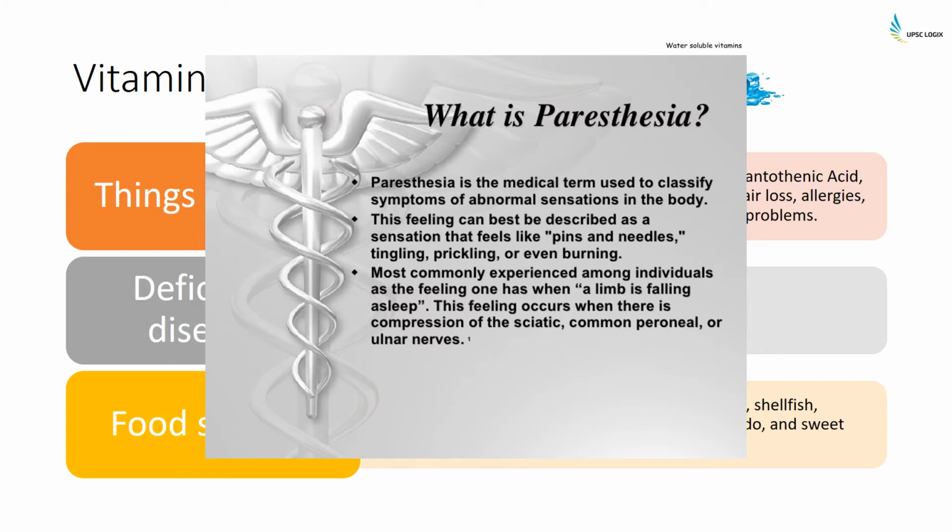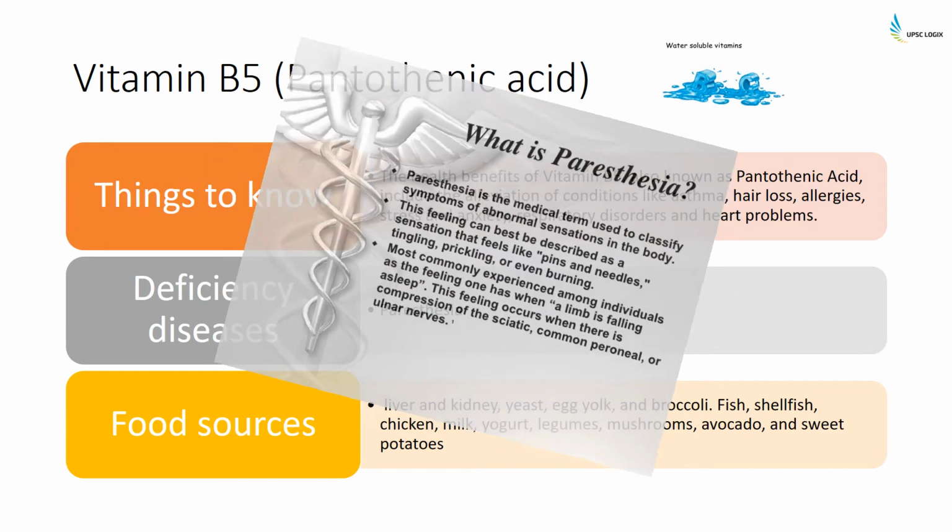So that prickly feeling that you get when you keep your foot down for a long time in one position, and this feeling of pins and needles when it happens in the hands is basically known as paresthesia, caused due to deficiency of vitamin B5.